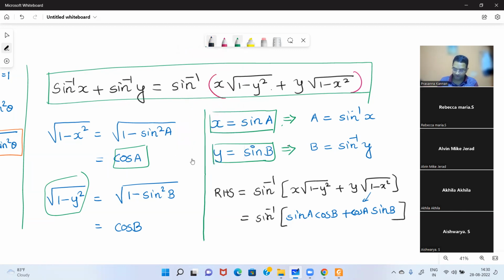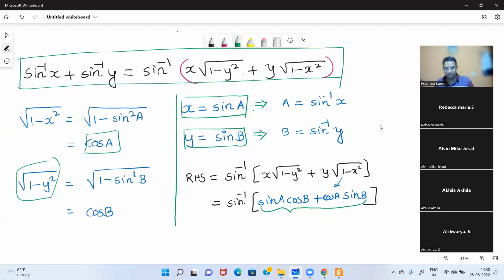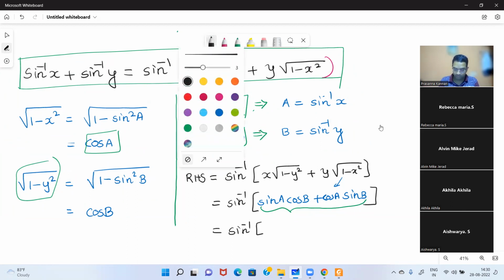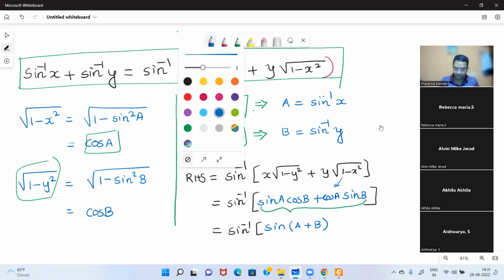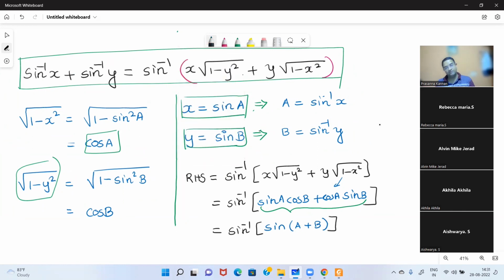Have you seen this formula anywhere? Yes, sir. Sine of A plus B. Very good. So this will be nothing but sine inverse of sine of A plus B. What is sine inverse of sine of A plus B?